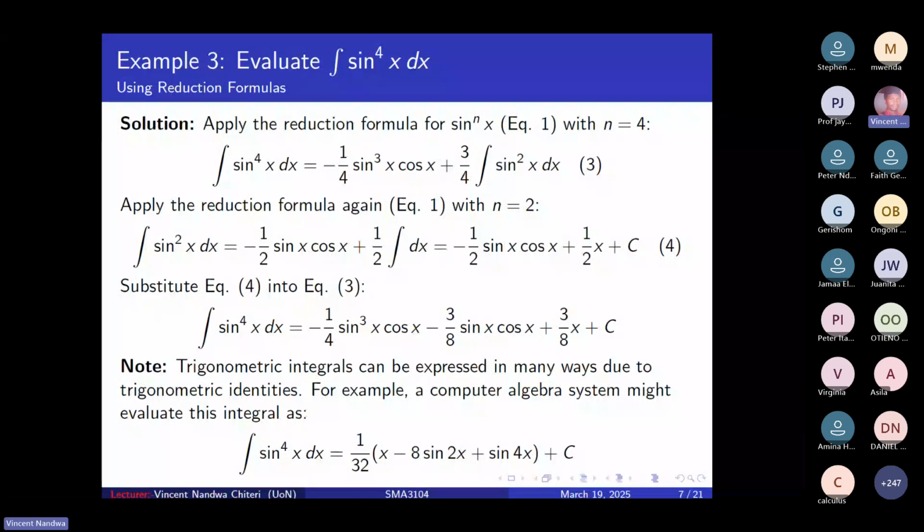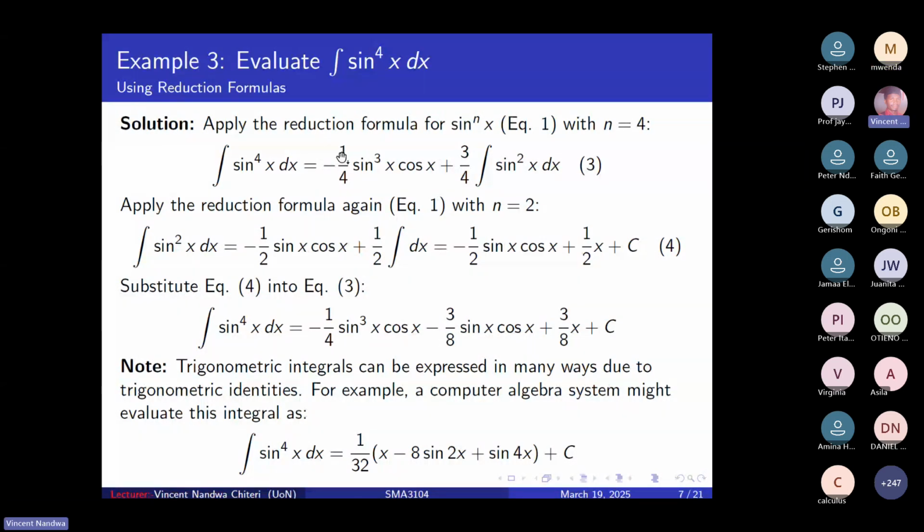Good. We were dealing with sine power 4x, and so we had this 3 over 4, then another integral of sine squared. So from equation 4, we replace the answer in this equation for the part involving the integral of sine squared. The final integration of sine power 4x will be minus 1 over 4 sine cubed x cos x.